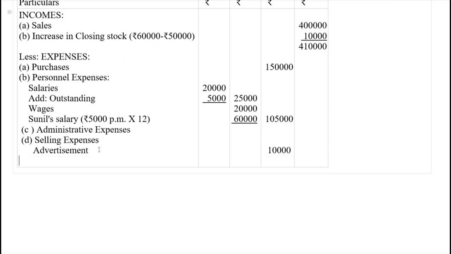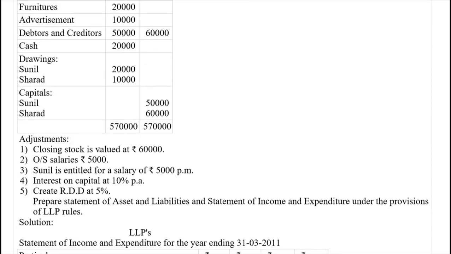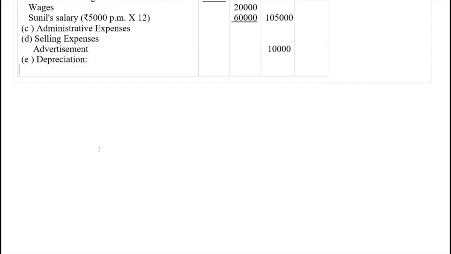Then the next one, depreciation. In this problem, let me check whether we need to calculate depreciation. I hope there is no depreciation here. Then interest on capital. For Sunil, the rate of interest given in the problem is 10%.